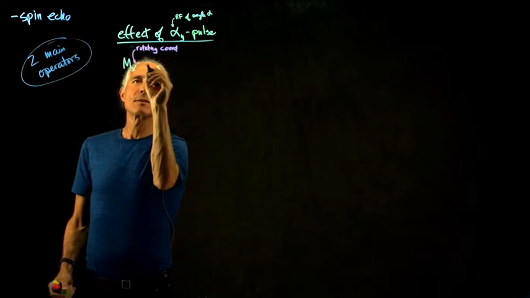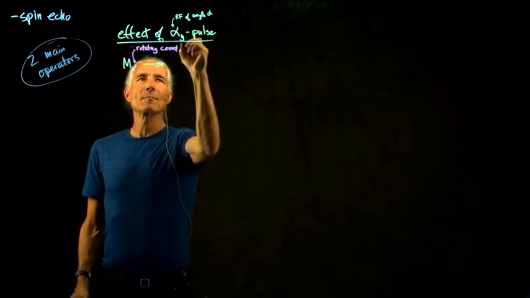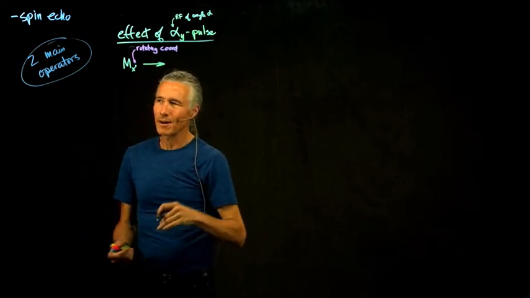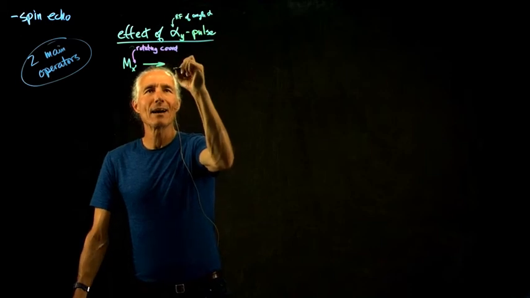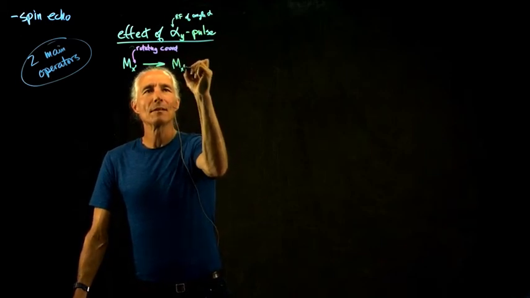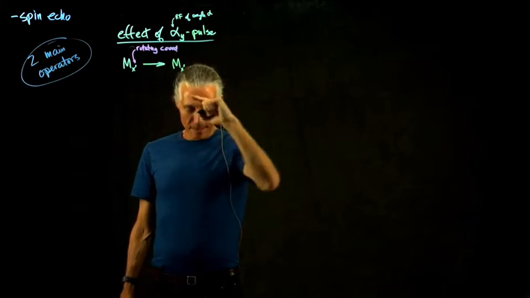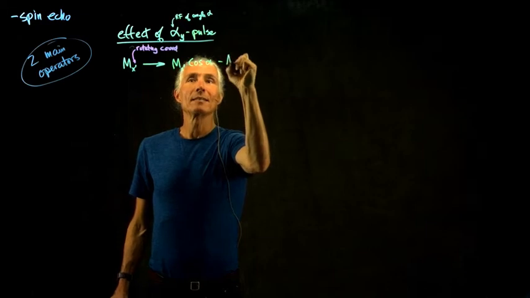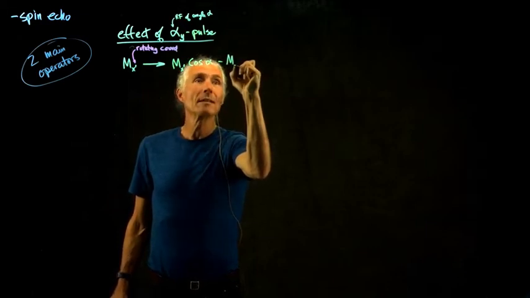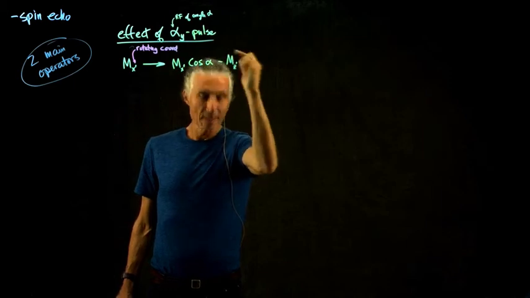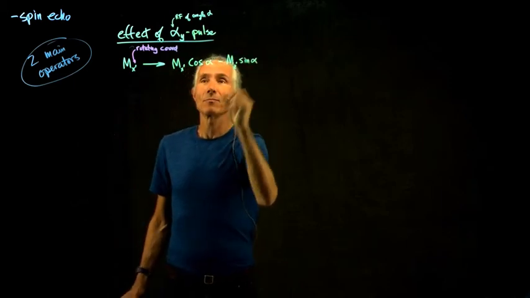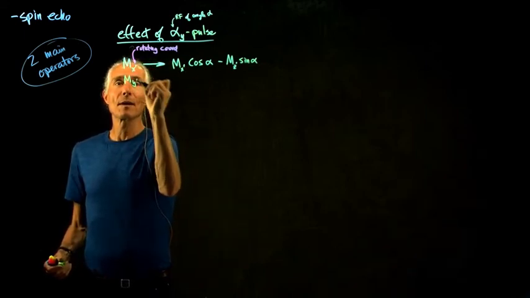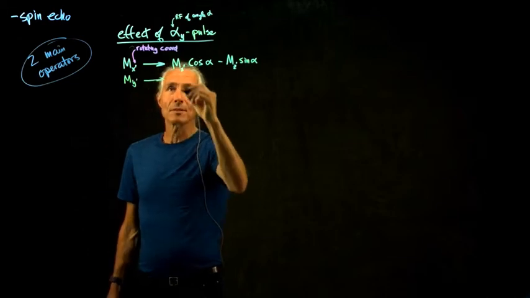How do we transform that? If we're doing some arbitrary flip angle, we need to use our rotation matrix. If we write that out, it's whatever this Mx was times the cosine of the flip angle minus the z component times the sine of the angle. We'll show where that came from. And for My prime, nothing happens to it.